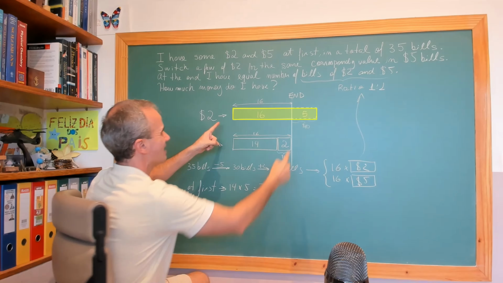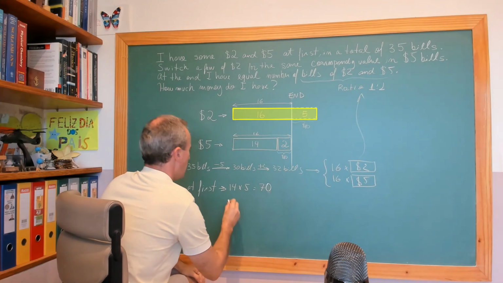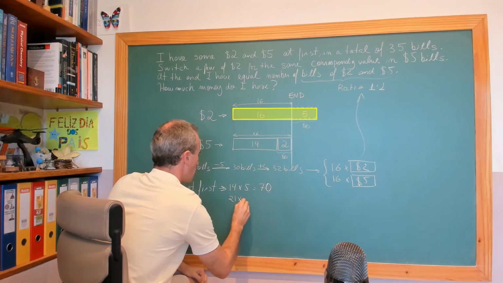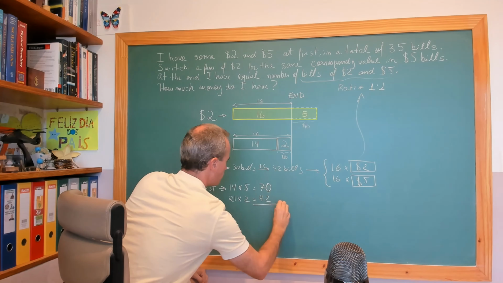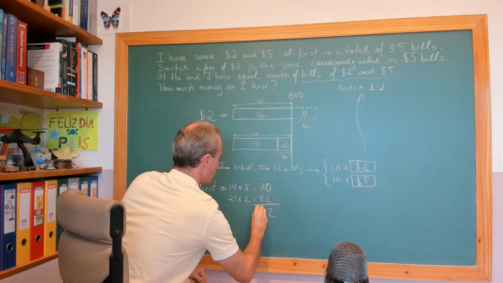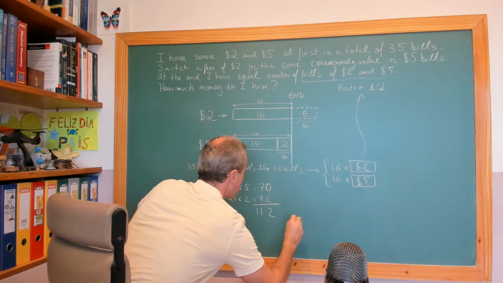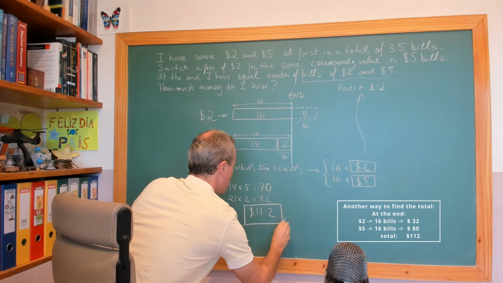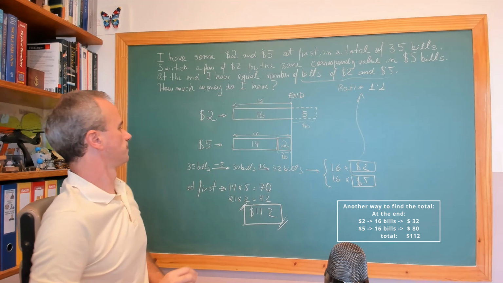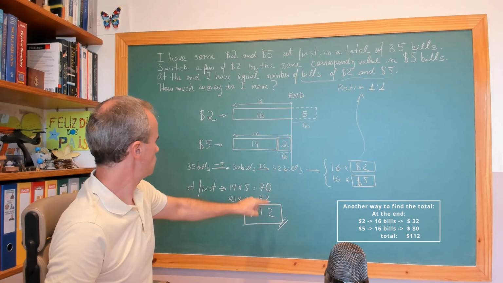And I had, how many here? 21 bills, agree? I had 21 bills of 2. That means 42. If you add, this is what? This is so, this is the answer. $112. Correct? 70 plus 42, yes, perfect.